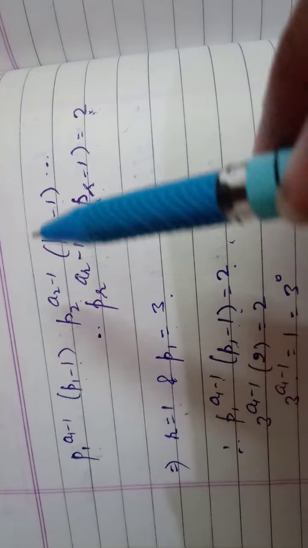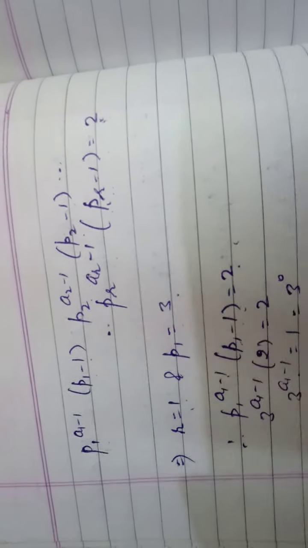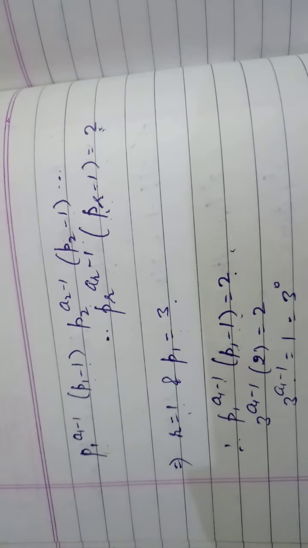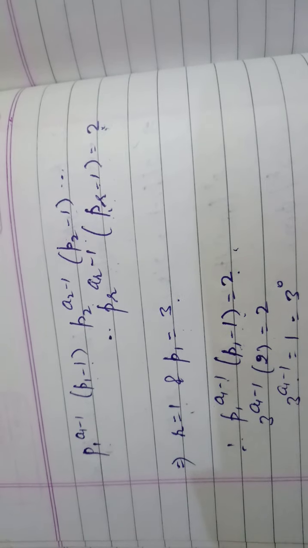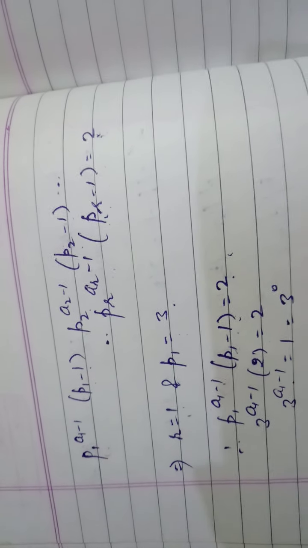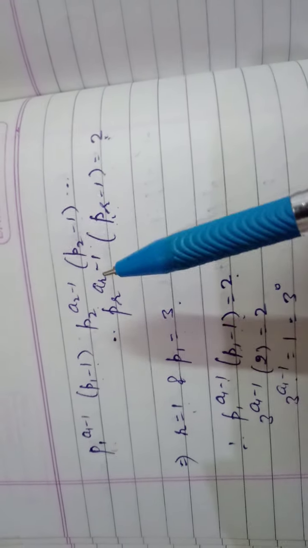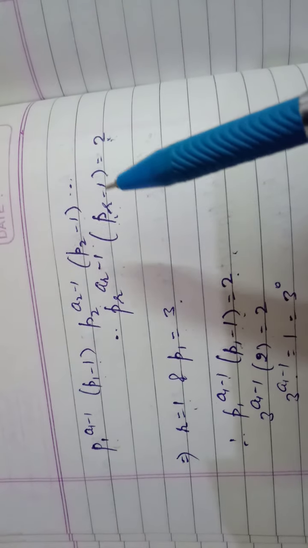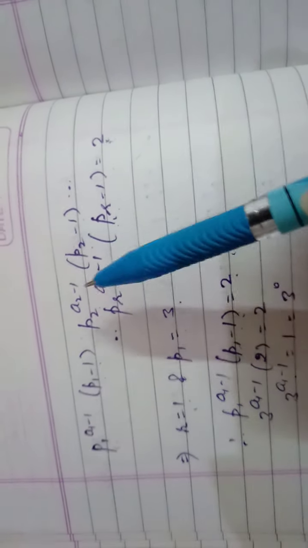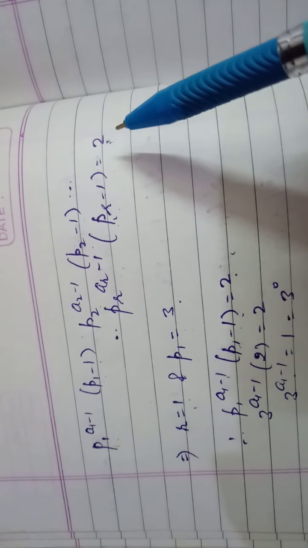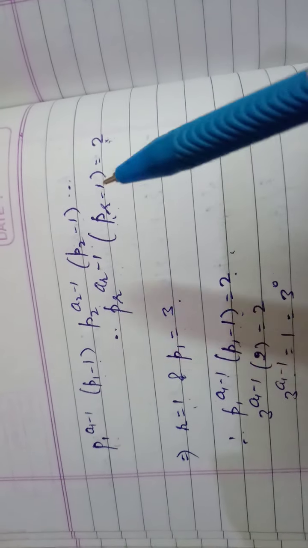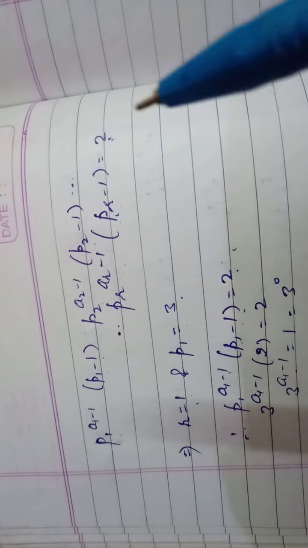Now these p1, p2, ..., pr are odd primes, therefore they may take values 3, 5 and so on. If any one of these primes is equal to 1, then the left hand side will be 0 and the right hand side is 2. Therefore these primes must not be equal to 1.